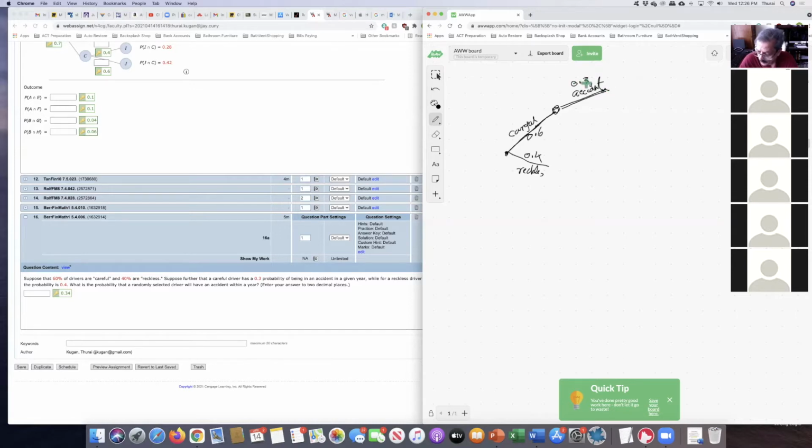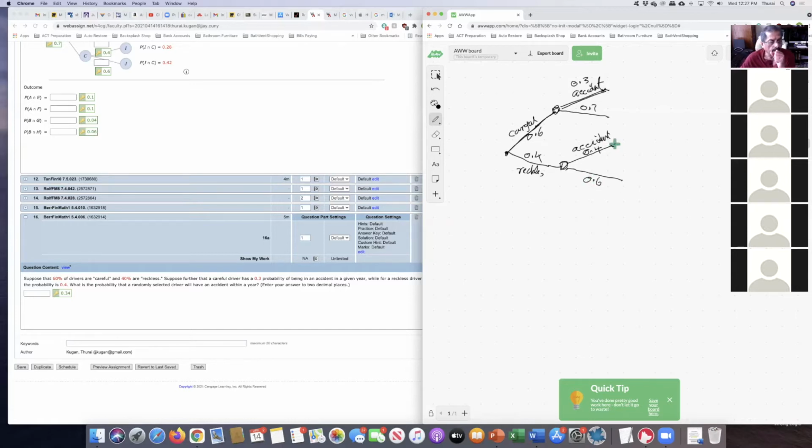And so 0.7 is the probability for no accident, the complement. For a reckless driver having an accident, the probability is 0.4, and no accident, 0.6.